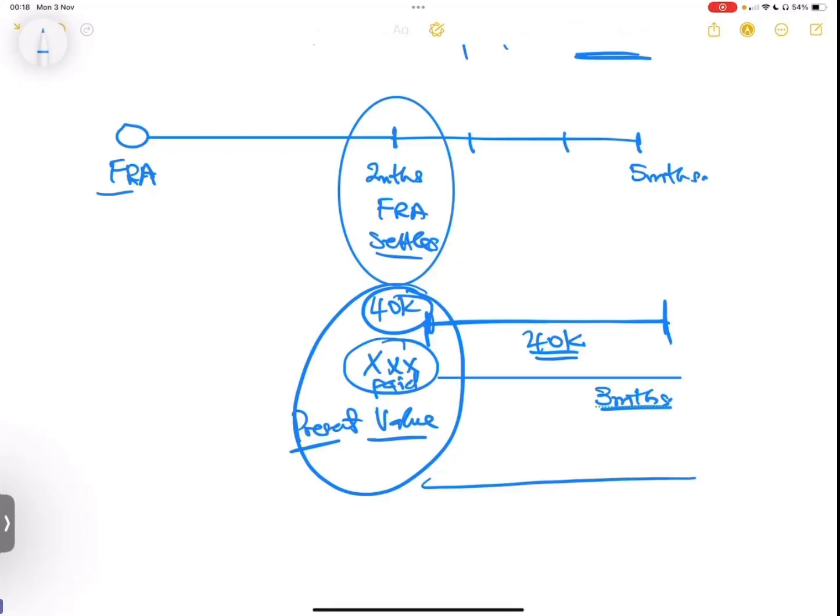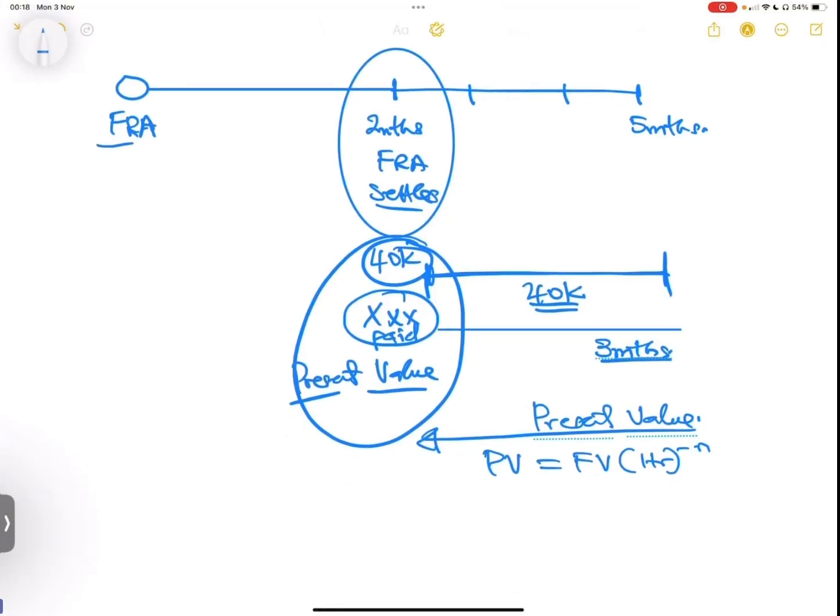It has to be the present value of that 40,000. You will still remember this formula for calculating your present value. Your future value definitely will remain your 40,000.